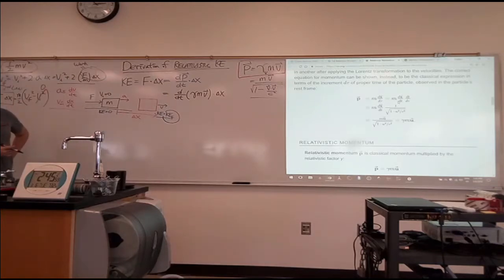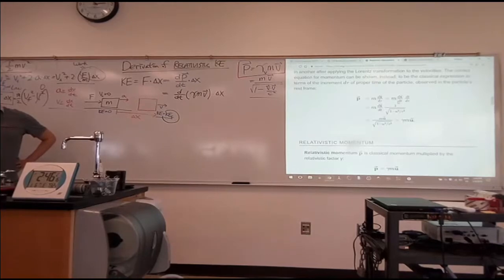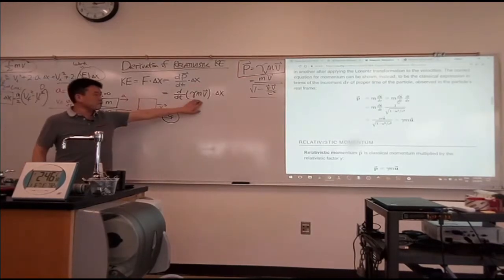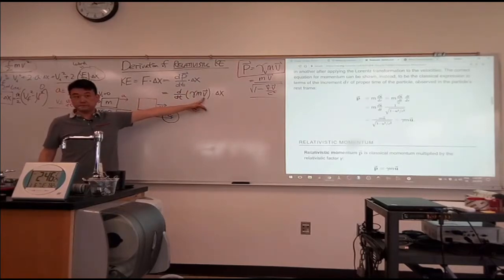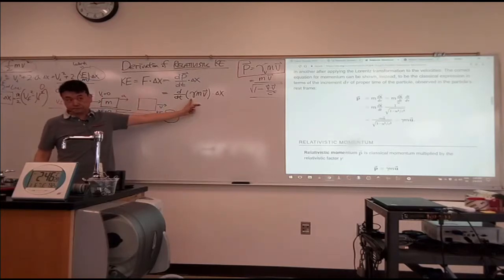Let's see. Can I go through this? Well, I guess I should write this out using the method that I do know. This is a product of three things, two of which are variable. Gamma is a variable, v is a variable. Or rather, gamma is a function of v, right?